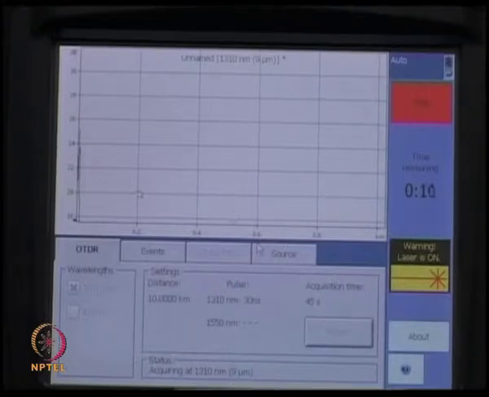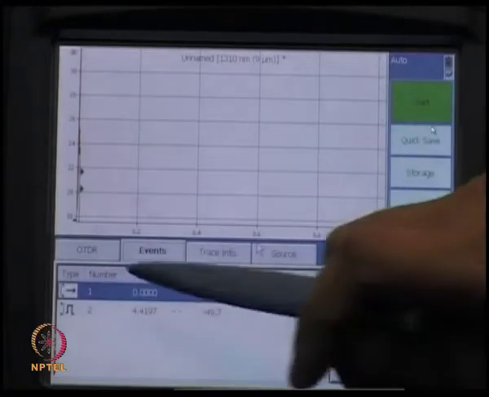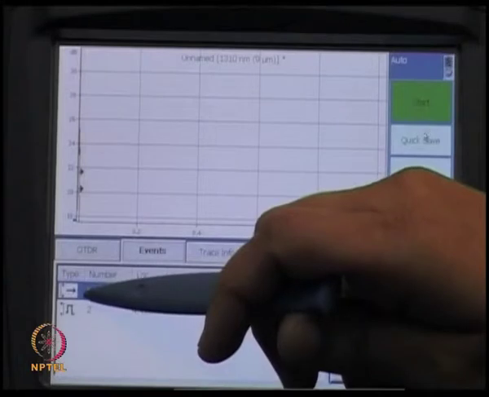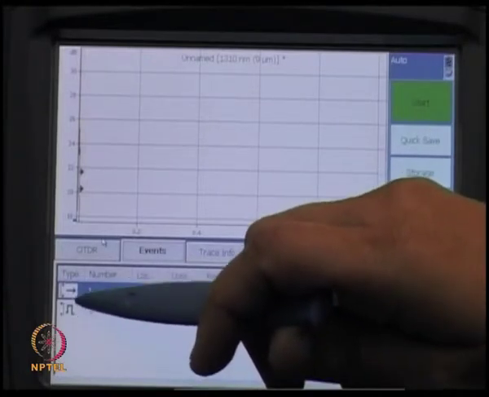So, before the things are displayed, many pulses are transmitted inside the optical fiber. The data is collected now and it is displayed.